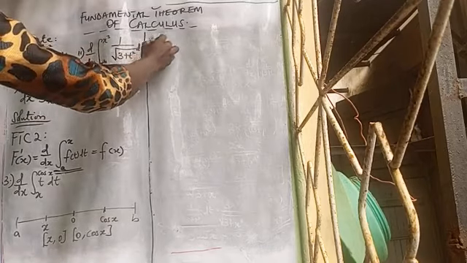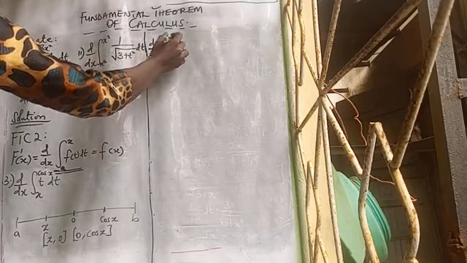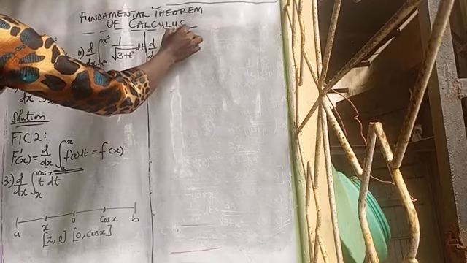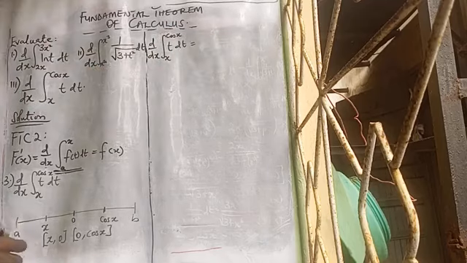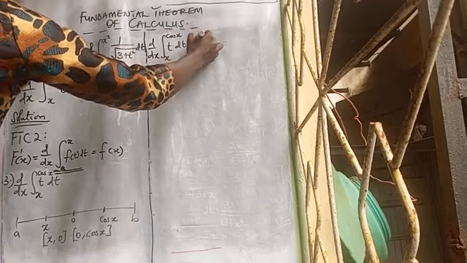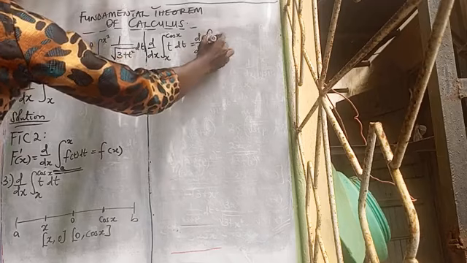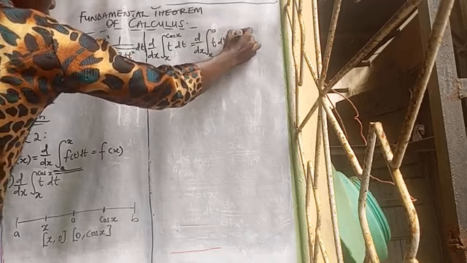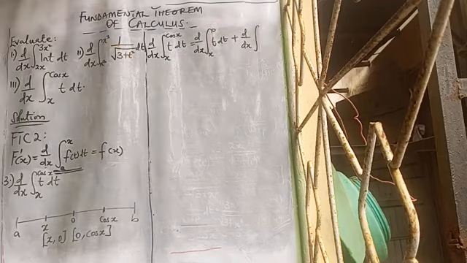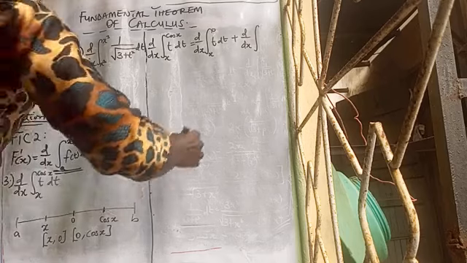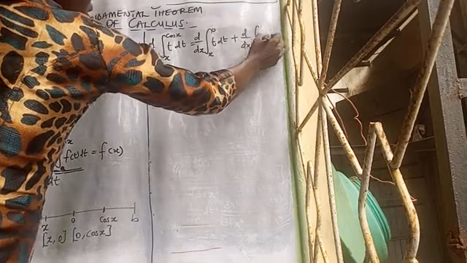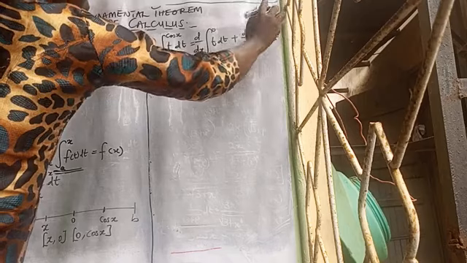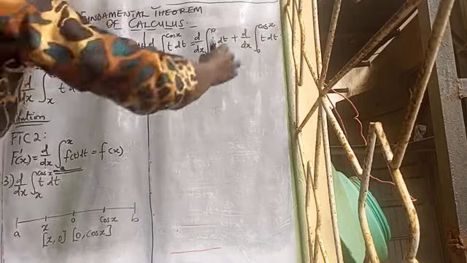That tells us that d dx of the integral of t dt from x to cos x is equal to what? Is equal to d dx of the integral of t dt from x to 0 plus d dx of the integral of t dt from 0 to cos x.